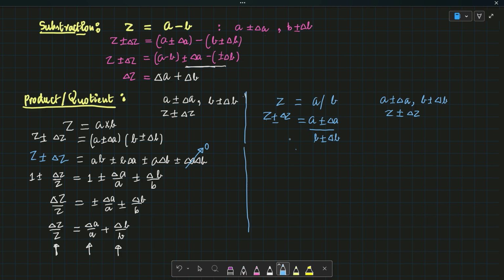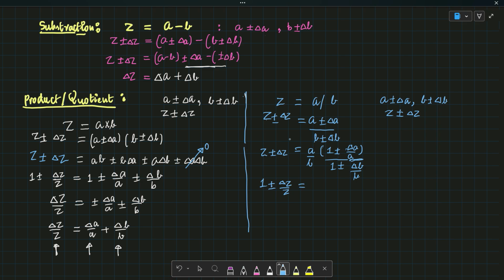So let's say we are taking A common from the numerator, and from the denominator we are taking B common. So this will become 1 plus minus delta A by A, and this will become 1 plus minus delta B by B. So now we are dividing both sides by Z. So we'll get 1 plus minus delta Z by Z, and A by B divided by Z will be 1.